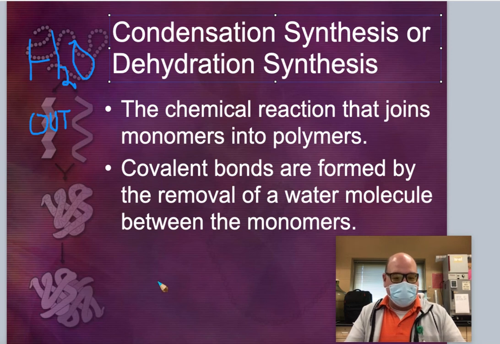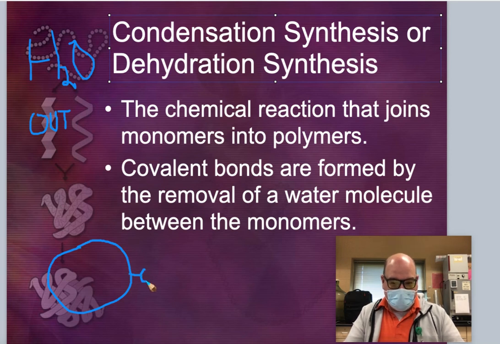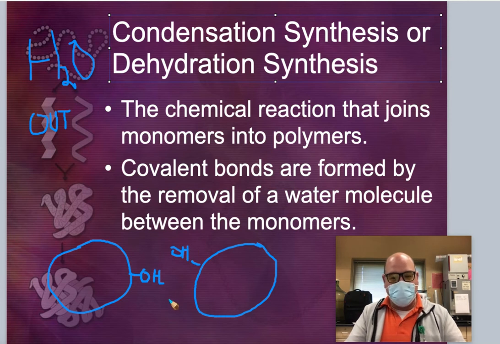So what happens is this, okay? You'll have a molecule. I'm just going to draw a big, that's a molecule, and it'll have a hydroxyl group on it, which is just an OH. Then you'll have another molecule with another hydroxyl group on it, an OH. So when these join together, the hydrogen will come off of here, and the OH will come off of here. So just the hydrogen.